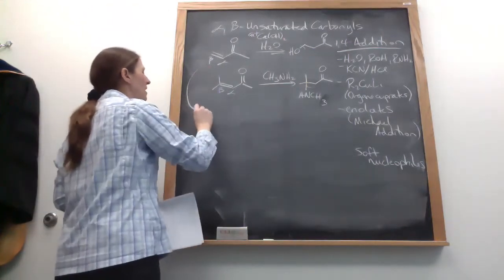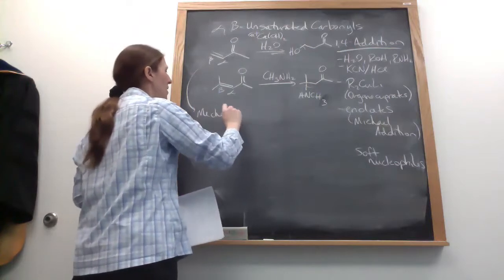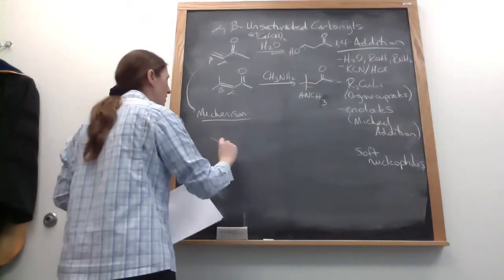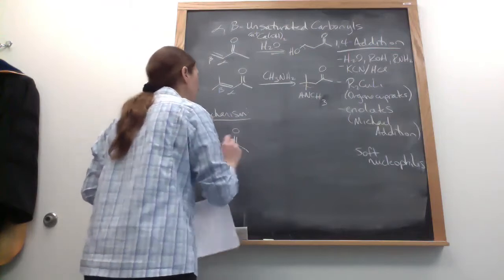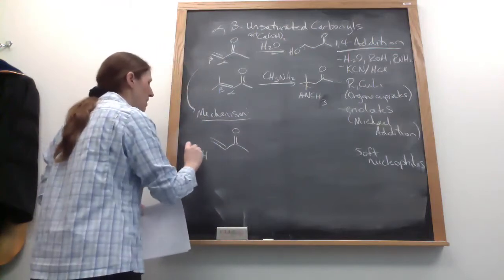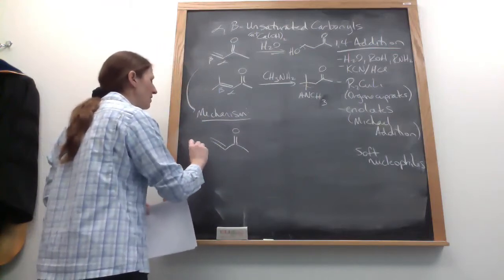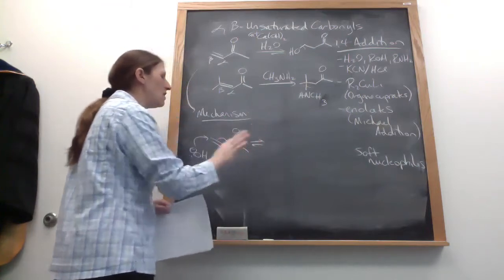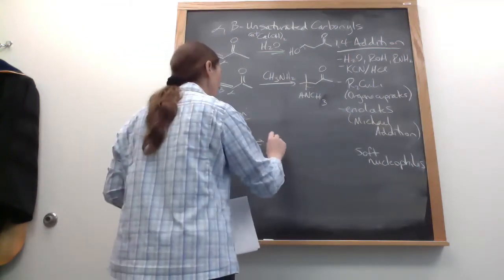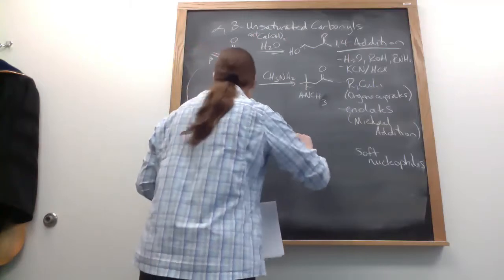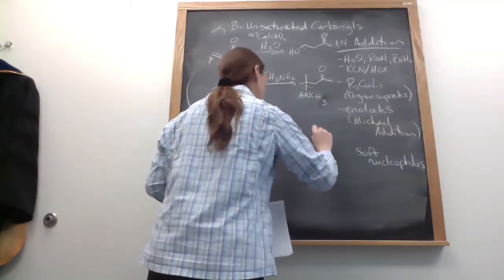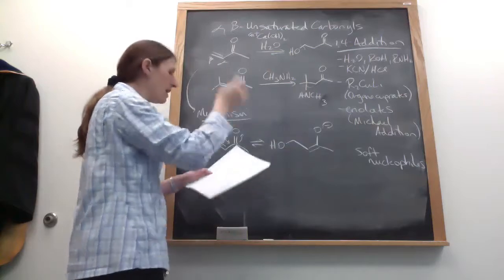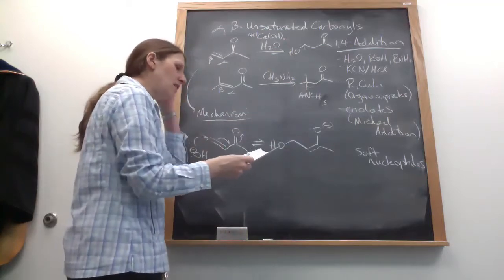If we think about the mechanism for this, whether I use hydroxide or the amine, these are both going to look pretty similar from a mechanism standpoint. My hydroxide in this case is a strong enough base to add directly, but we're still under equilibrium conditions. The end result of the addition is to make an enolate here.